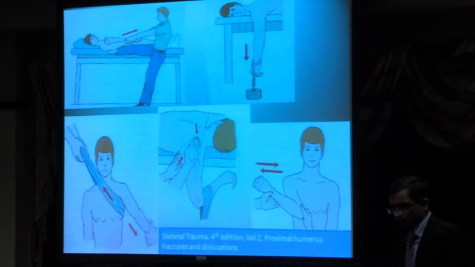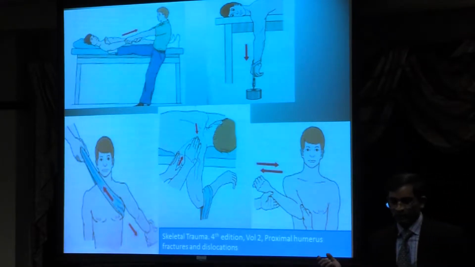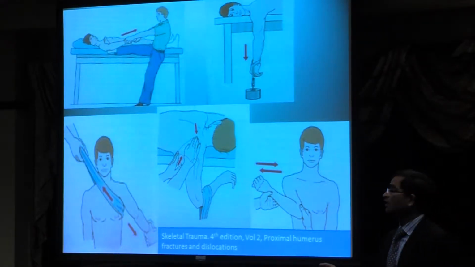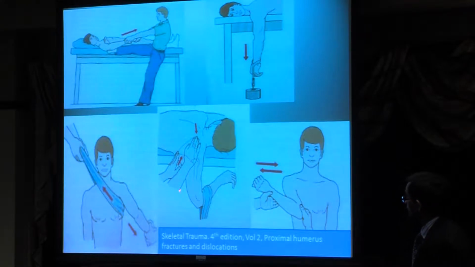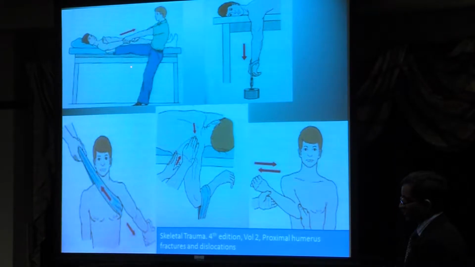Okay, so different methods are described for reducing the anterior shoulder dislocation. Of these, the most commonly used in the hospital setting is the traction counter traction method. This works most of the time. I've almost always used this and it has worked effectively for me. I have tried this once or twice in my early days of practice when nobody was around for help.